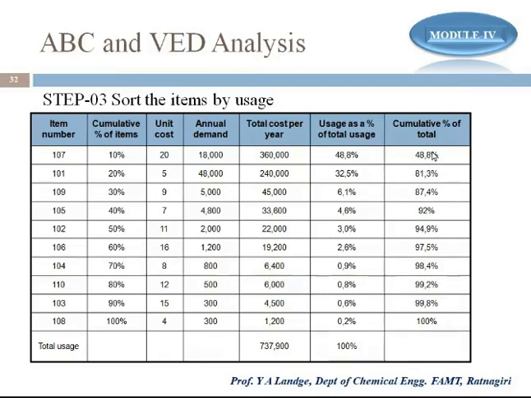Then what we do, 48.8 plus 32.5, it will give 81.3. Similarly, if I want to know 109, then I just add 81.3 plus 6.1. So I always just add this value, this value, this value, this value, up to 100%. Okay. Now from that, what do we get?